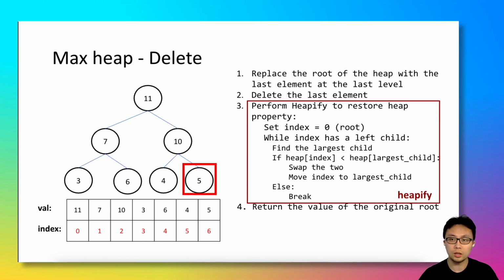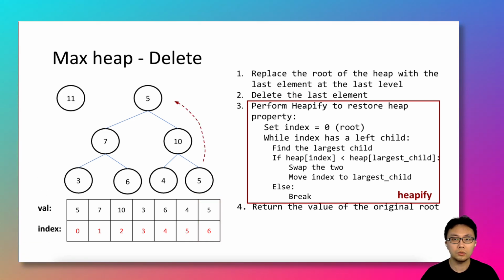By saying the last node, I'm referring to the node sitting at the very right side at the last level, and I'm counting the levels starting from the root. So in our case, the last node has a value of 5 and sits at the index of 6. When you use its value to replace that of the root node, you will end up with this.